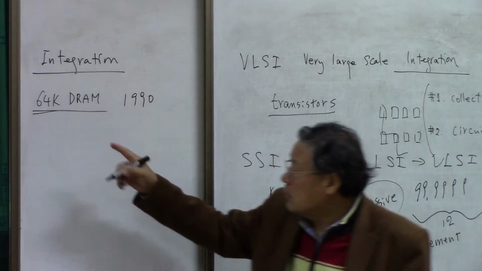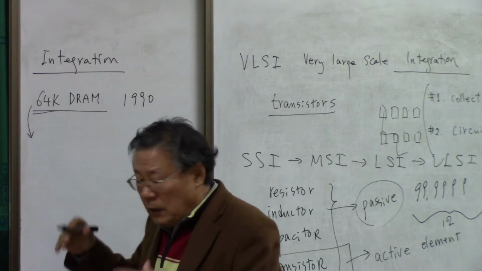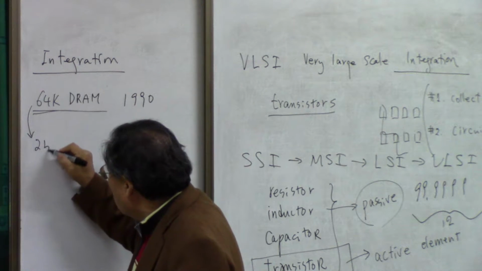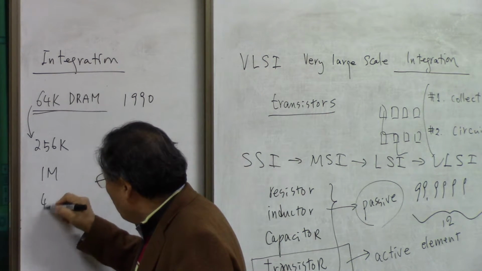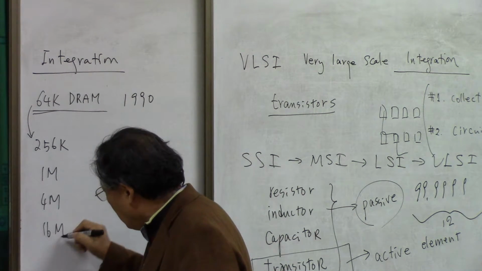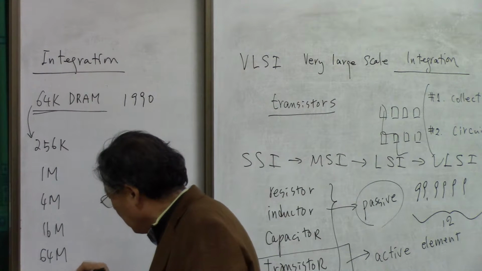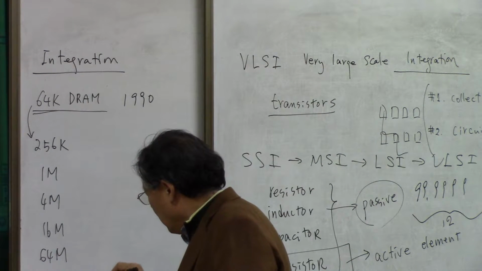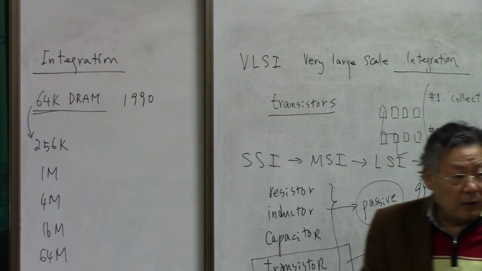We have 64K DRAMs, and it levels up to 1 mega, 4 mega, 16 mega, and 64 mega, 256 mega DRAMs. Now we are in the era of making 256 mega DRAMs.